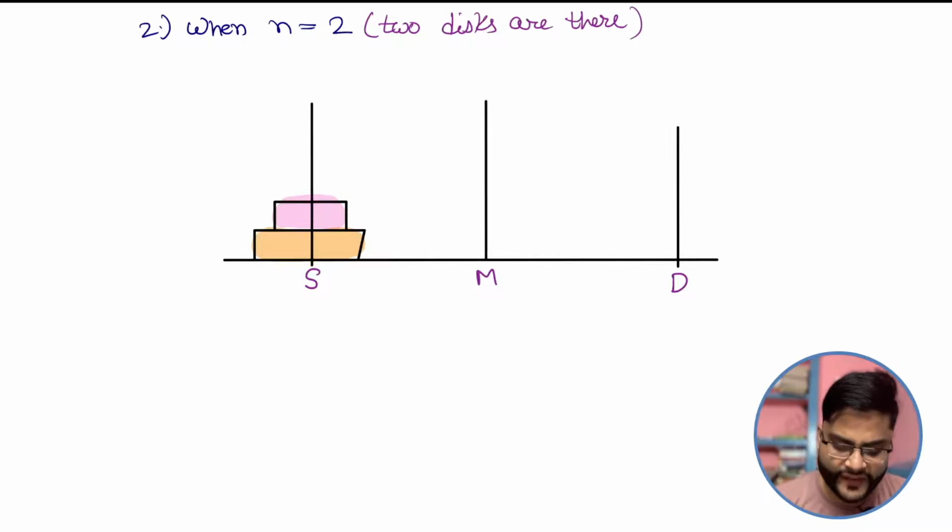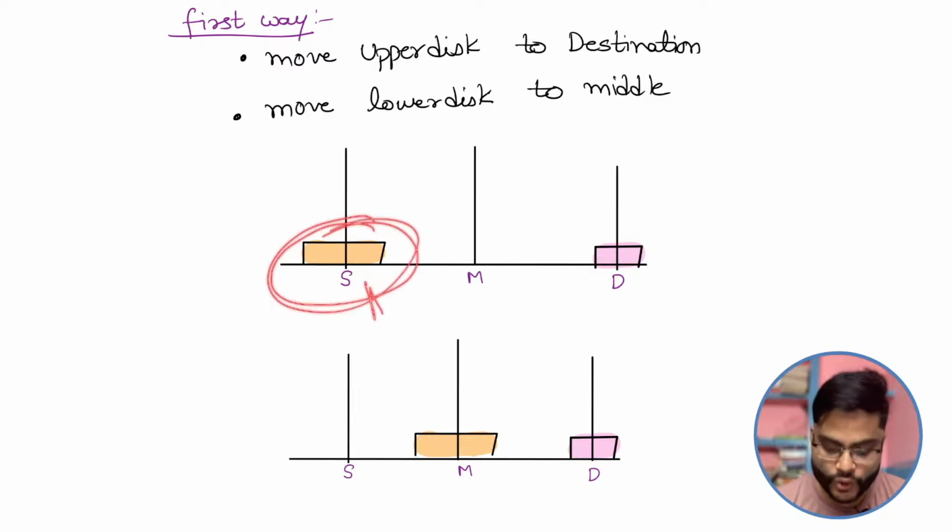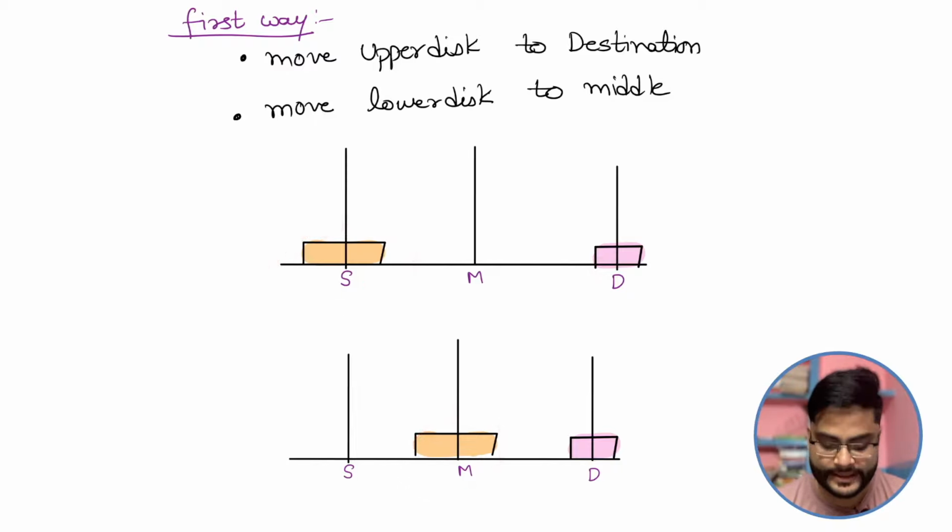So what if I move my first disk to the destination? This is my first way. I can move my lightest disk to the destination. And after that I can move my second disk to the middle, right?